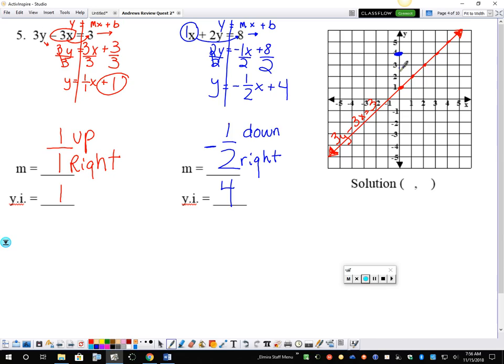So 1 down, 2 to the right, 1 down, 2 to the right, 1 down, 2 to the right. Use your ruler and connect. Label your equation.